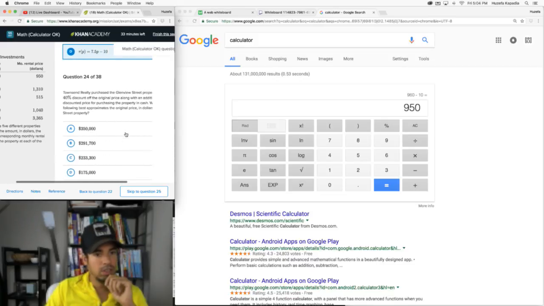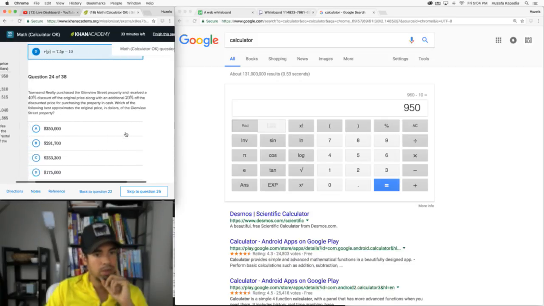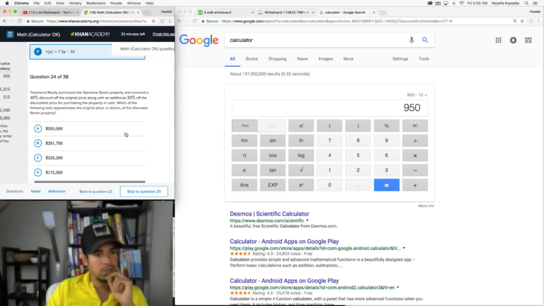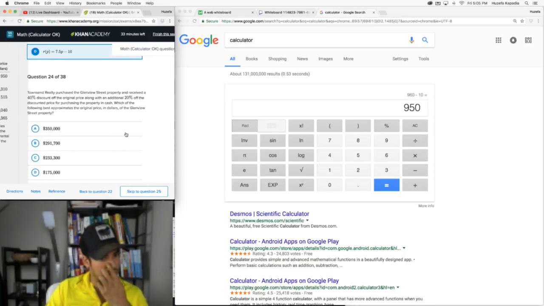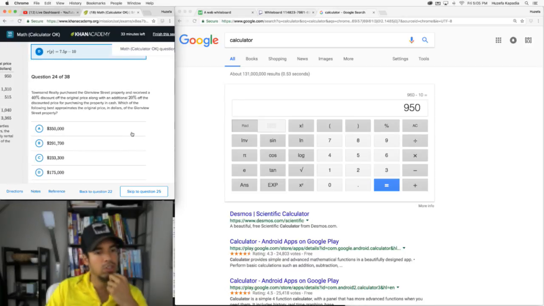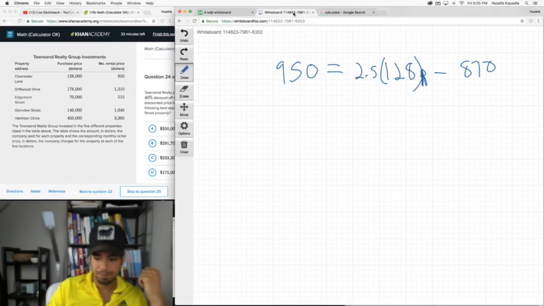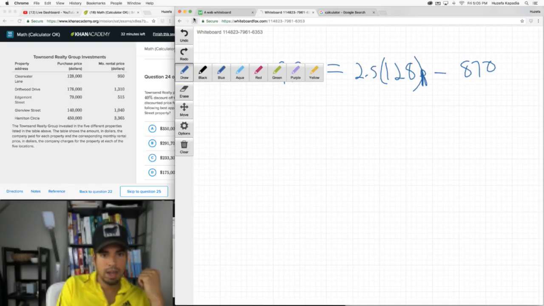Townsend Realty purchased the Glenview Street property and received a 40% discount off the original price, along with an additional 20% off the discounted price. So 40% off the original price and then another 20% off the discounted price, which of the following best approximates the original price of Glenview? So the original price of Glenview, we'll call it X, right?